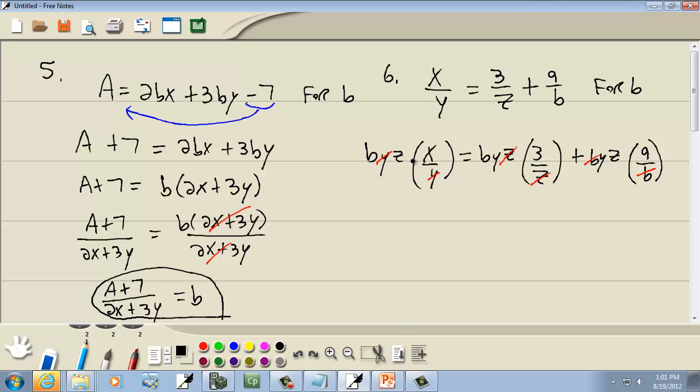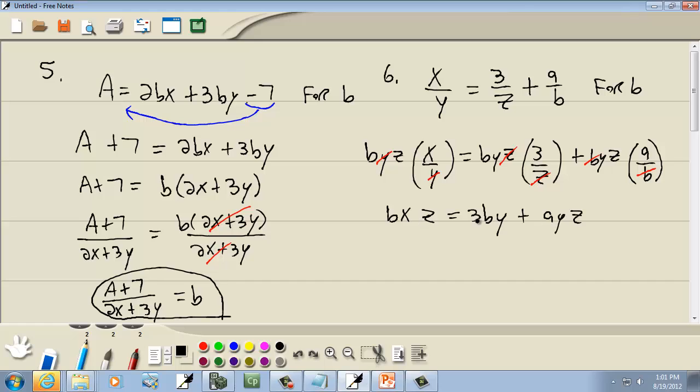I'm going to put these next to each other in alphabetical order. So I got bxz equals 3by plus ayz. Now let me double check that so my eyes aren't crossing. bxz, 3by, ayz. Okay. That was second step.